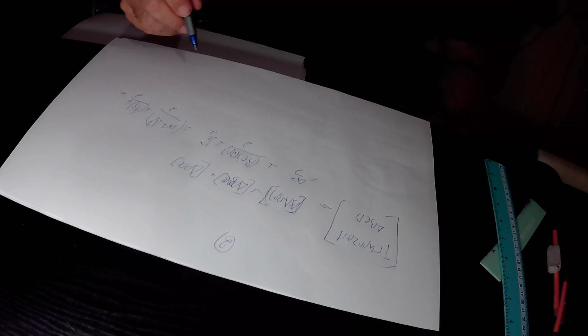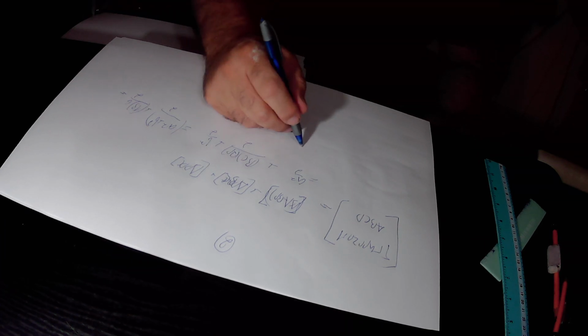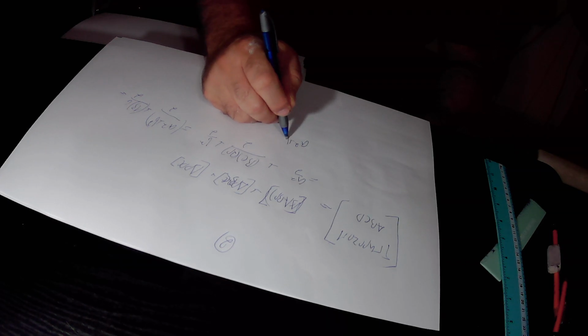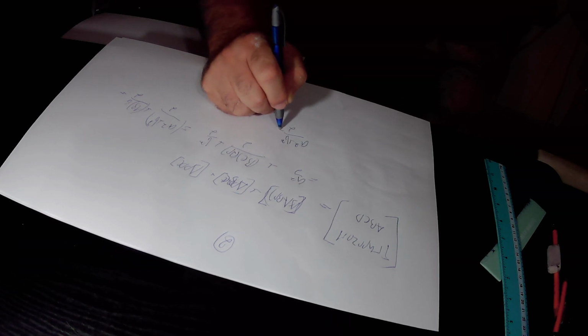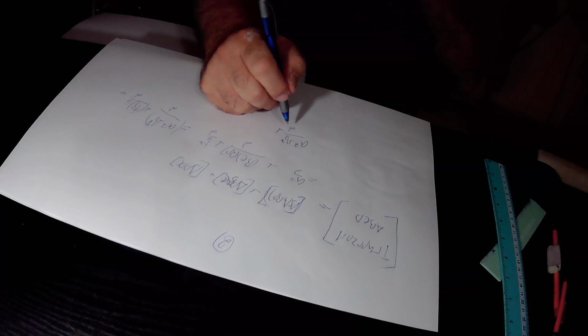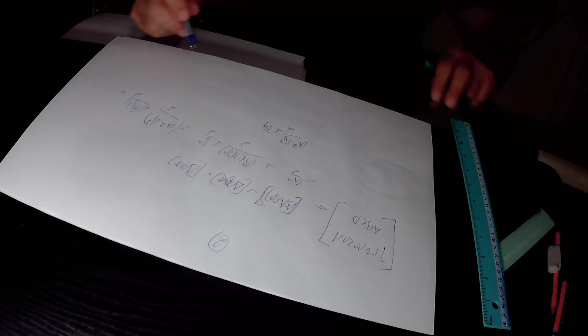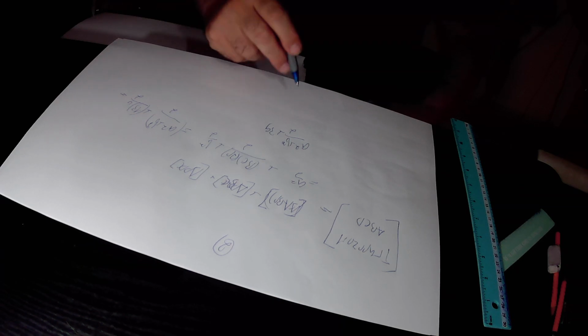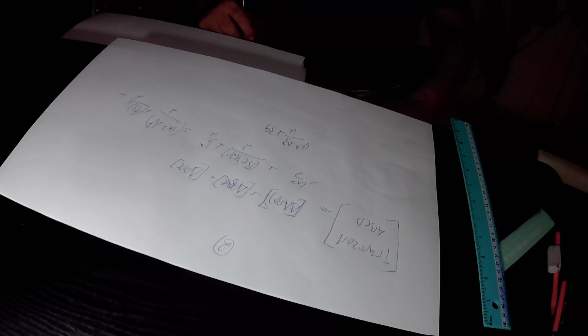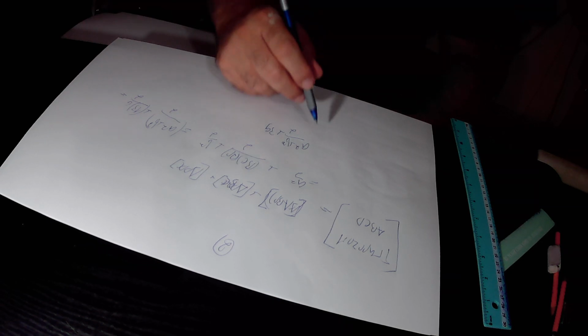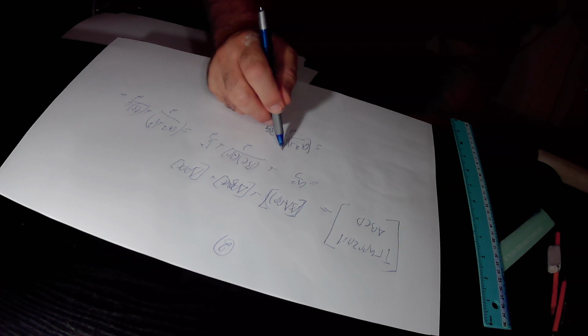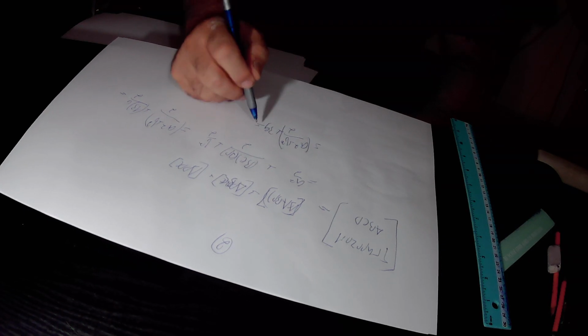So in total, the area of trapezoid ABCD is equal to A squared plus B squared over 2 plus 39.